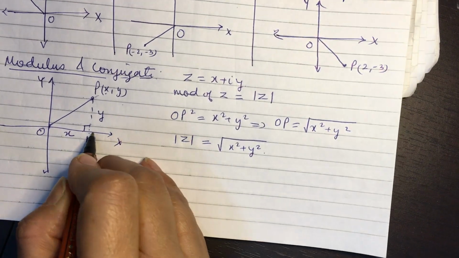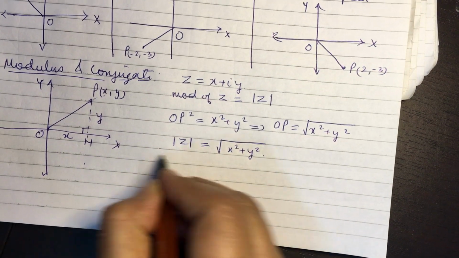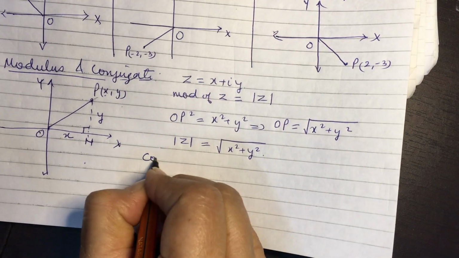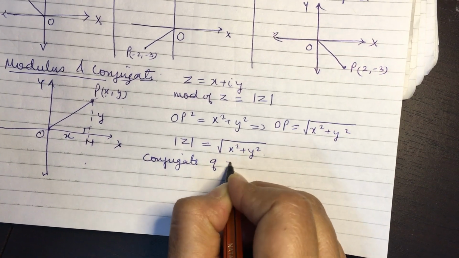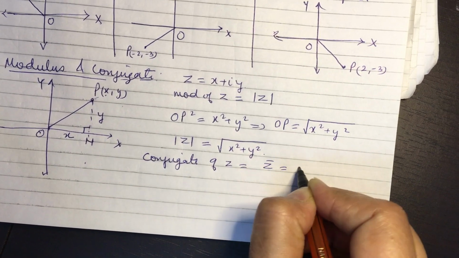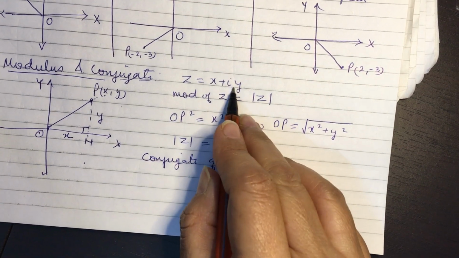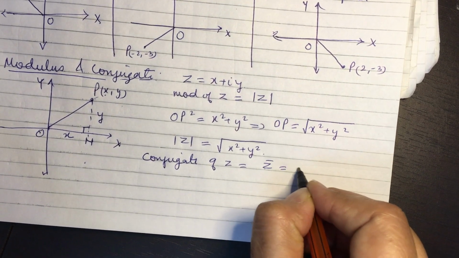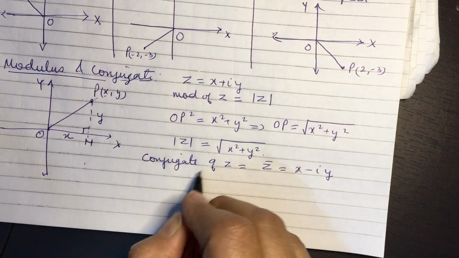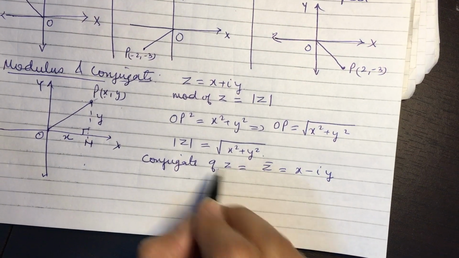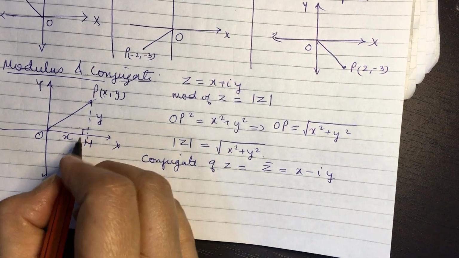Another thing, if you observe x comma y, suppose we now consider the conjugate of z, which is z bar, a number obtained by reversing the sign of the imaginary part. So, x minus iy is the conjugate of given z. Now, if you plot this on the same Argand diagram, what do we observe?